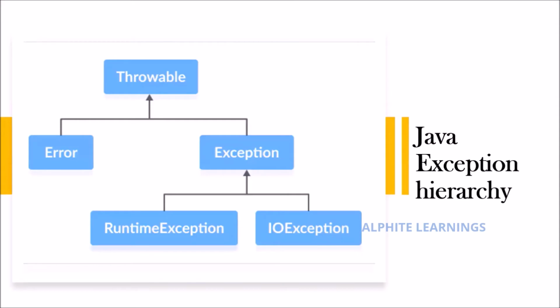The exceptions are highly categorized into Throwable. In Throwable, it becomes two: the Error and the Exception. In Exception, we have RuntimeException and IOException. IO is nothing but input output. We will not see everything in detail; I will give you a brief note.